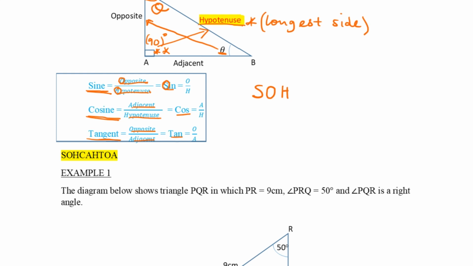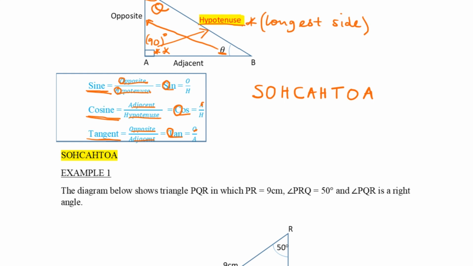Then from cosine, we're just getting C, and cosine is in terms of the adjacent over the hypotenuse. Then on the tangent ratio, you're just getting T, and it is in terms of the opposite over the adjacent.